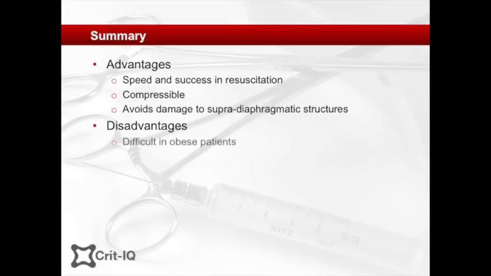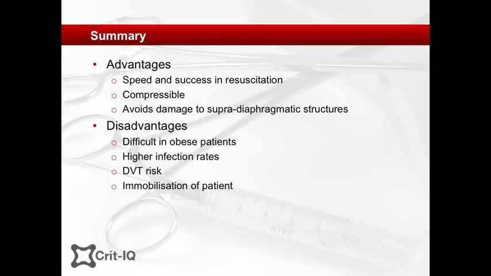Limitations include practical difficulty in the obese, increased infection rates, especially those who are overweight, DVT risk, and the inability of the patient to be mobilised, the latter being a significant problem in the ICU. In the case of renal replacement therapy, catheter kinking when semi-recumbent may significantly impair flow rates, reduce filter life, and therefore make this route suboptimal.